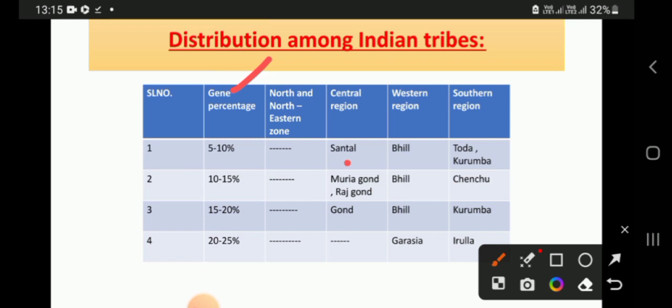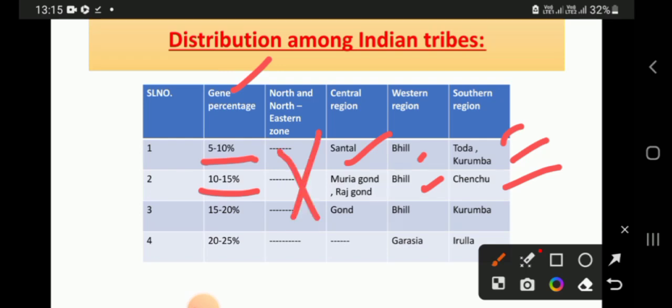Central region tribe Santal, western region Bhil, southern region Toda and Kurumba, and the gene percentage is 5 to 10%. 10 to 15%: for the central region Muria Gond and Raj Gond, western region Bhil, and southern region Chenchu, and for the north and northeastern zone no data is collected. 15 to 20%: Gond for the central region, Bhil for the western region, and Kurumba for the southern region. 20 to 25%: Garasia of the western region and Irula from the southern region.